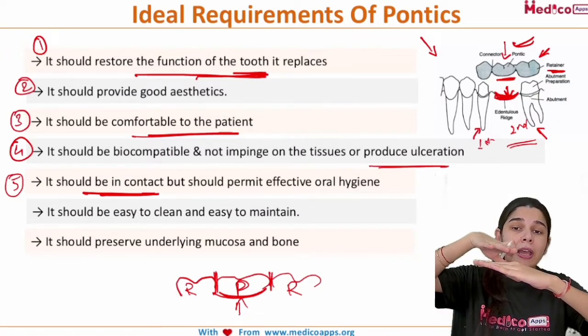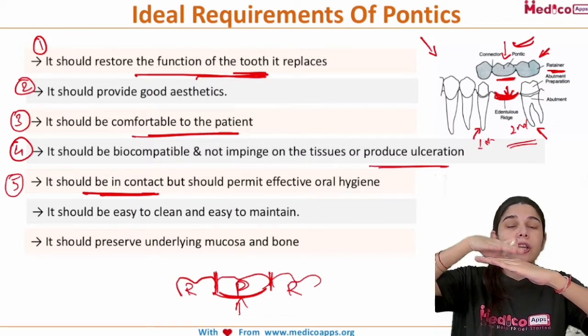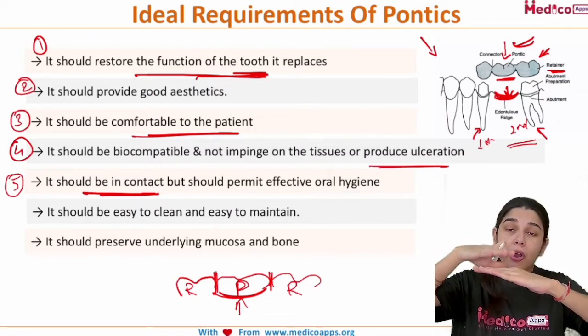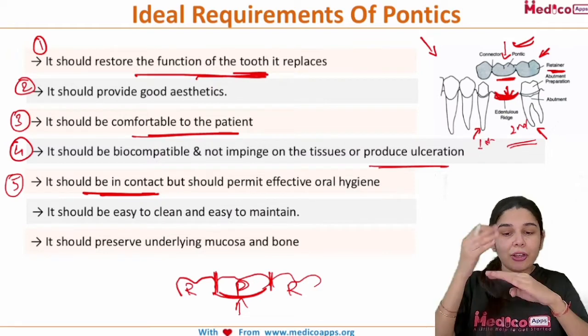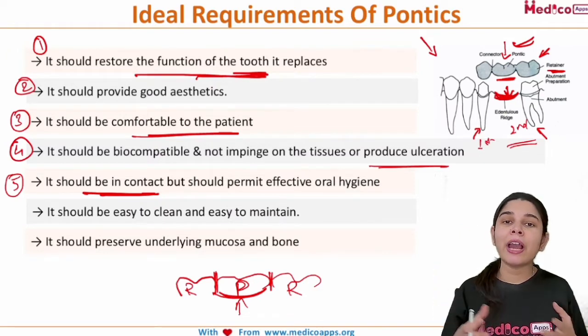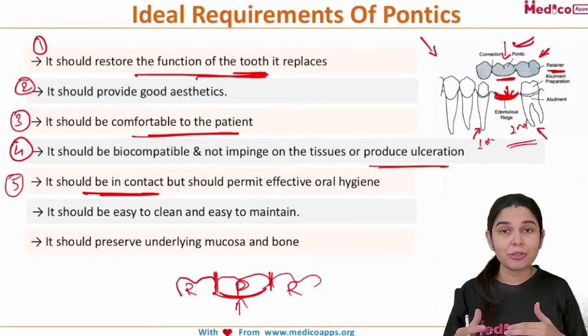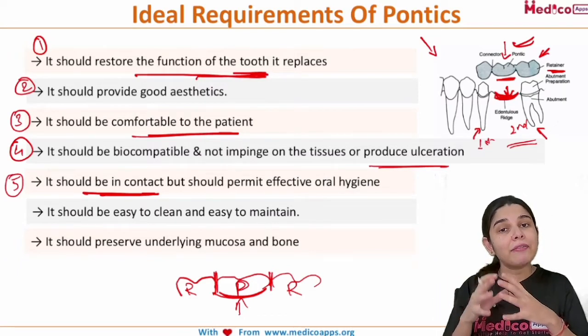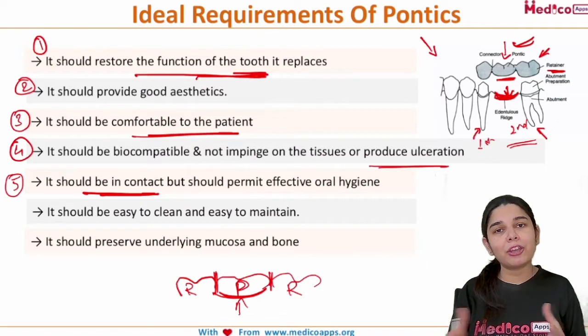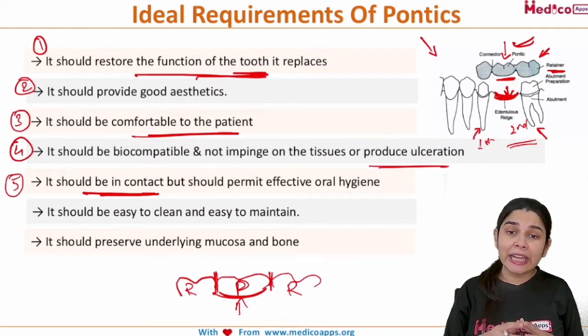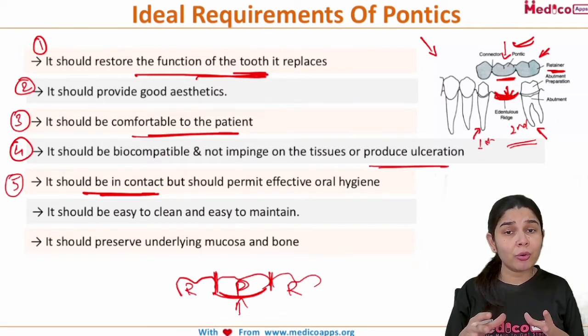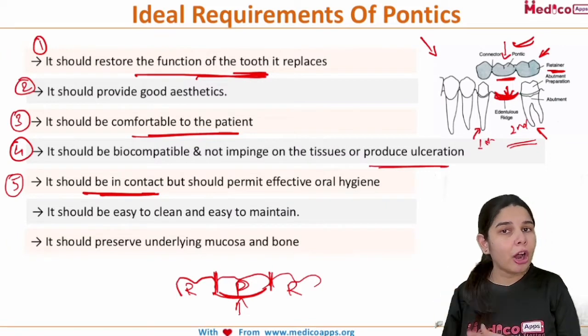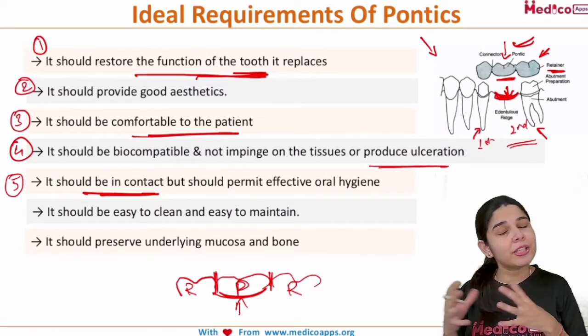It should not lie halfway in the air, because if it is like this, can you even imagine that oral hygiene can be maintained in such situations? Definitely not, because food will get accumulated. And if there is accumulation of food, will there be any hygiene maintenance in the oral cavity? No, we cannot maintain oral hygiene in such patients.